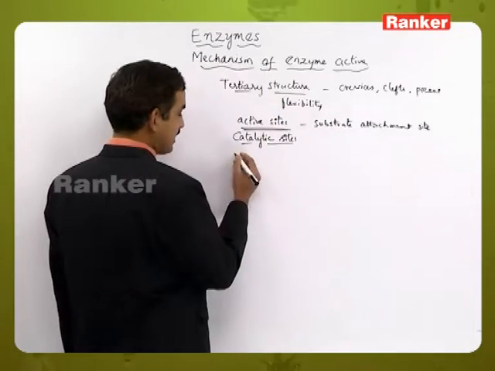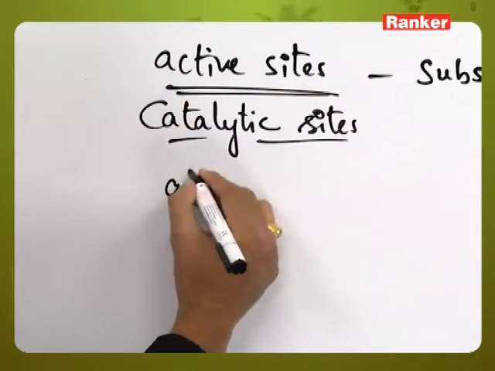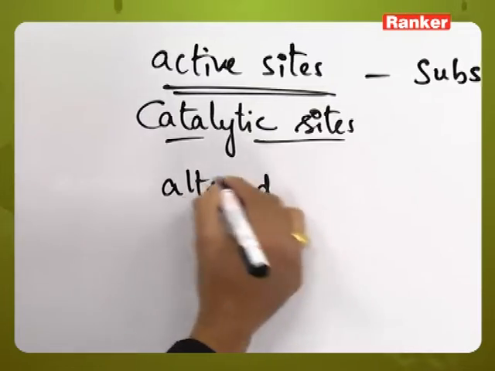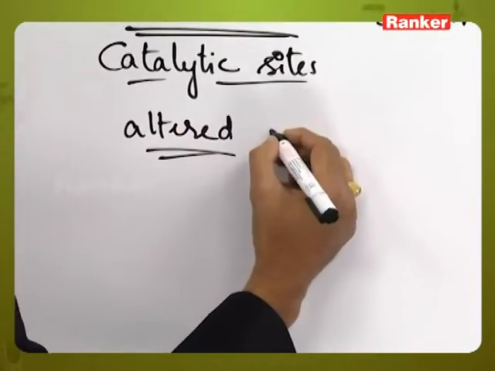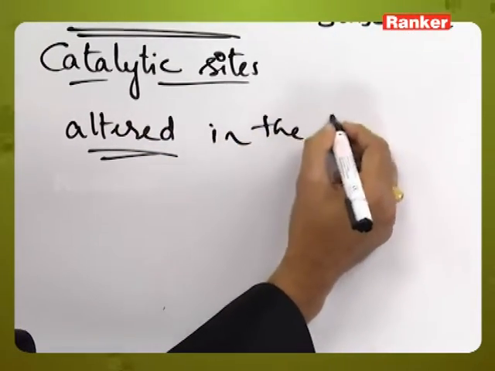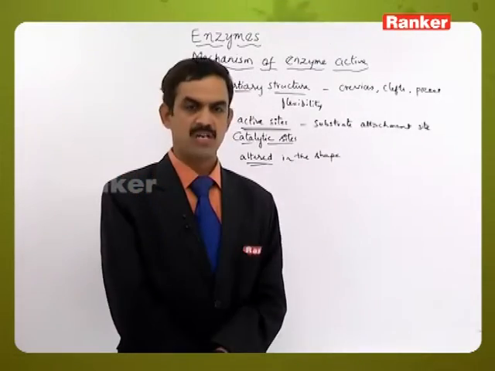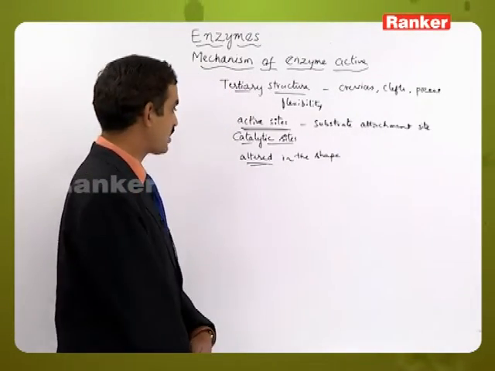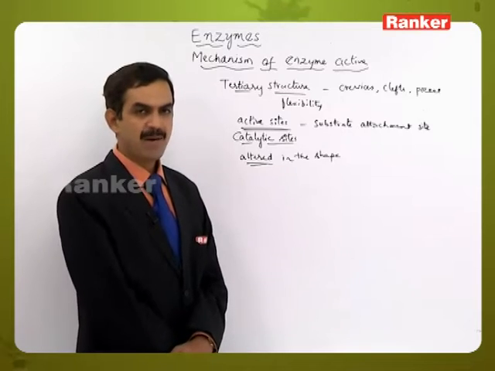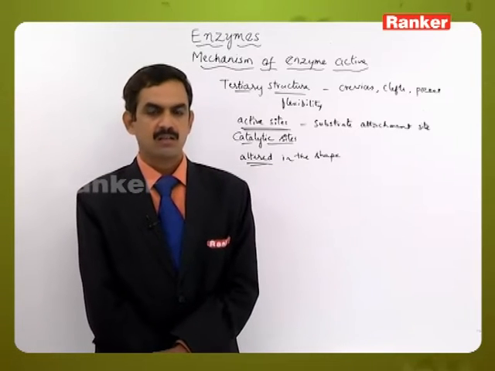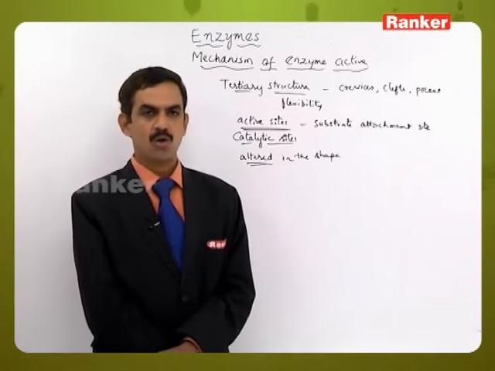And this is how these active sites can get altered in shape, structure and size depending upon the substrate molecule. Likewise, there is a possibility of altering the shape and structure of the catalytic sites or the active sites also.